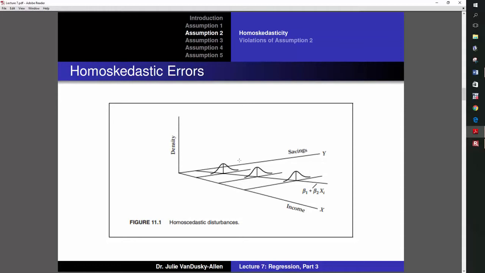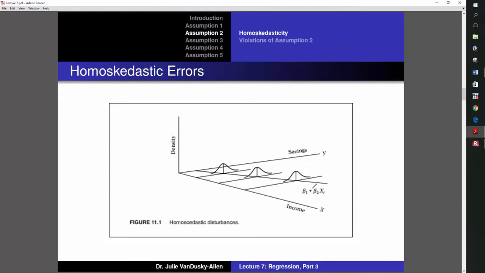And these normal curves here represent the distribution of the errors for observations at those different income levels. So the regression model made predictions for observations at these different levels of income here, here, and here. And the errors are just the difference between the actual values of savings and the estimated savings from the model.